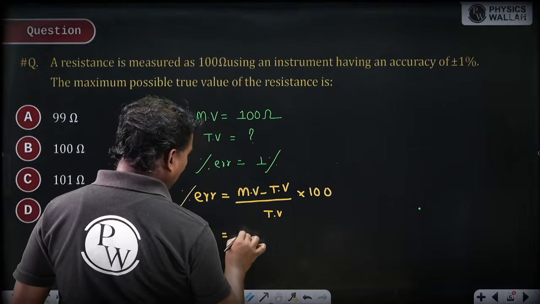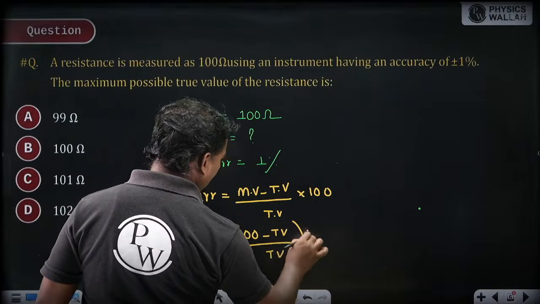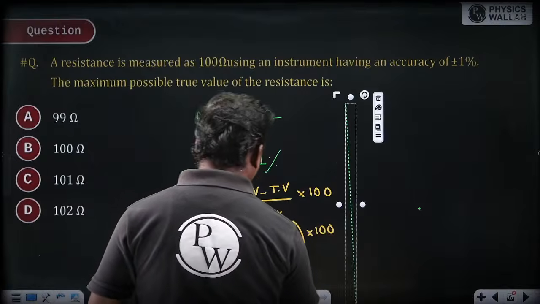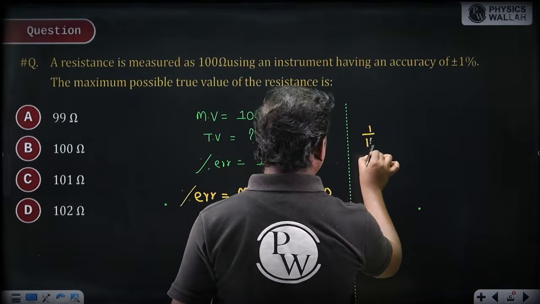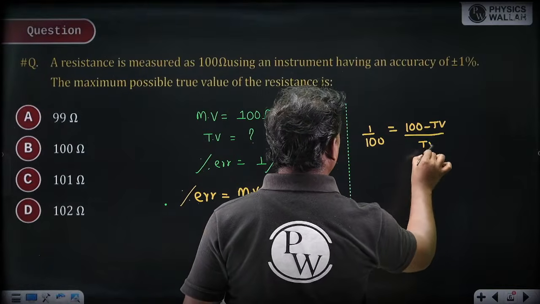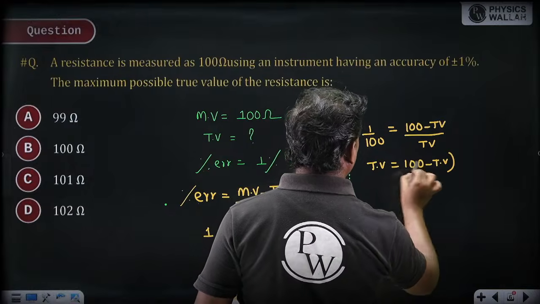So measurement value is 100, true value we don't know, and true value into 100. Okay. So what is going to happen here? Now this is going to become 1 by 100 is equal to 100 minus true value by true value. So this is the true value, this is 100 minus true value into 100.